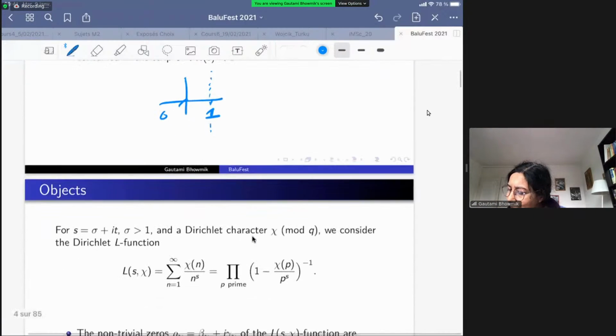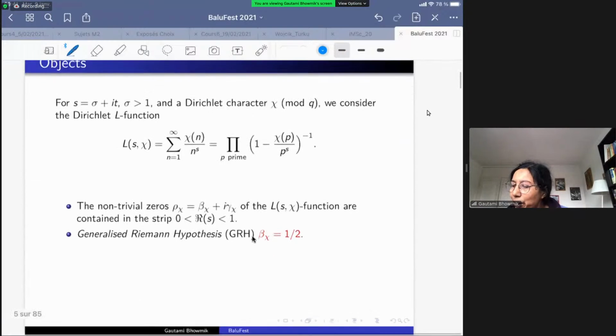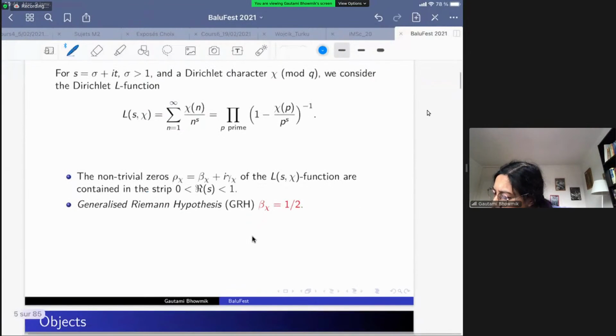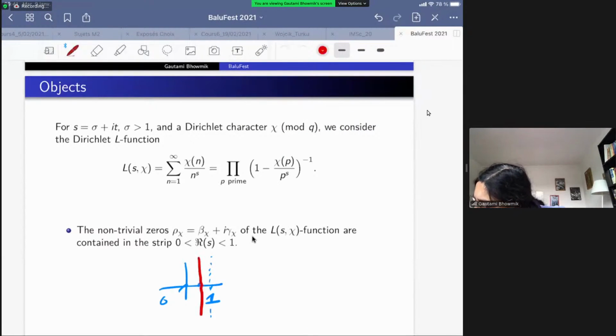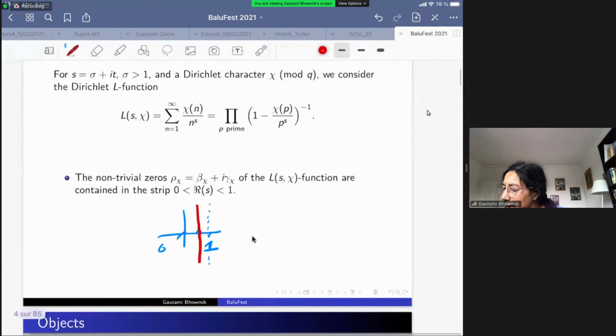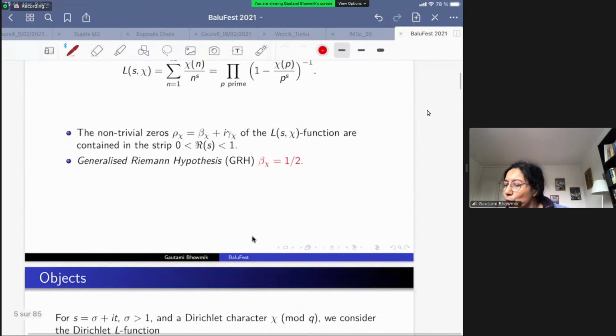Okay, and then what happens? Where do you expect them to be? Of course, you expect them to be here. If you write out your zero as beta plus i times gamma, the chi need not be mentioned, then the beta should be equal to half according to the GRH, the generalized Riemann hypothesis.